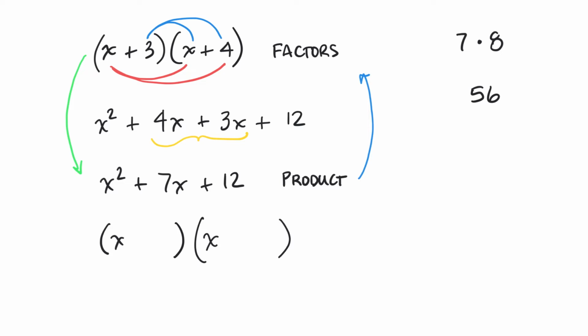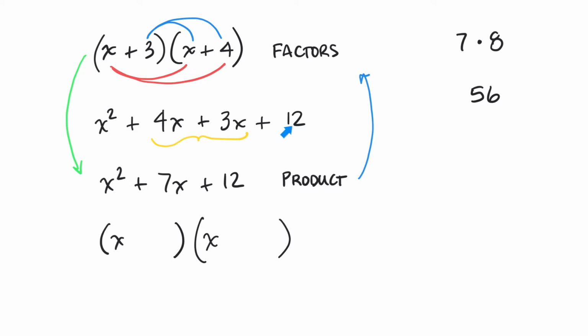And if we look back up here, we've got 3 times x would give us the 3x, and 4 times x gives us the 4x. And then we add those together and get 7. So to get to this number here, this 7x, or let's just look at the coefficient. The coefficient is going to come from adding this and this.